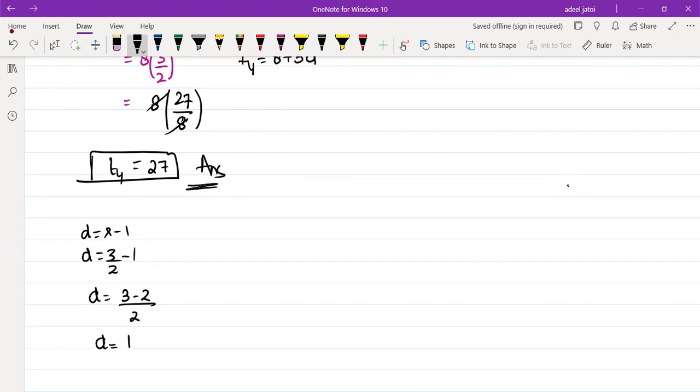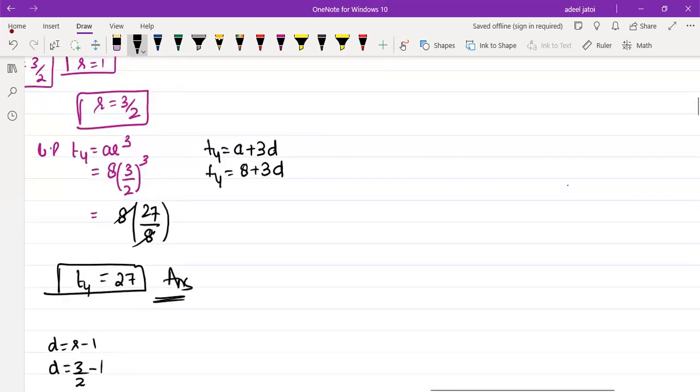So D is 1 upon 2. So T4 is 8 plus 3 times 1 upon 2. Taking the LCM, 8 twos are 16, 16 plus 3 is 19, 19 divided by 2 is 9.5.